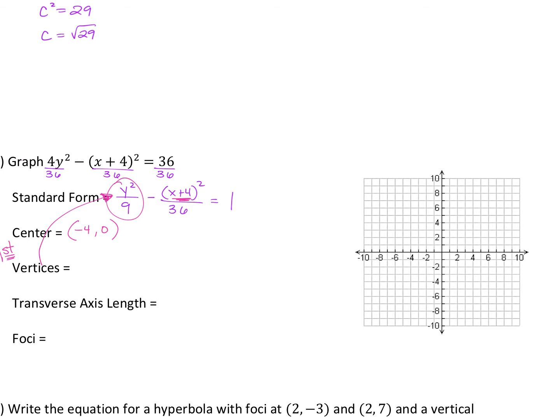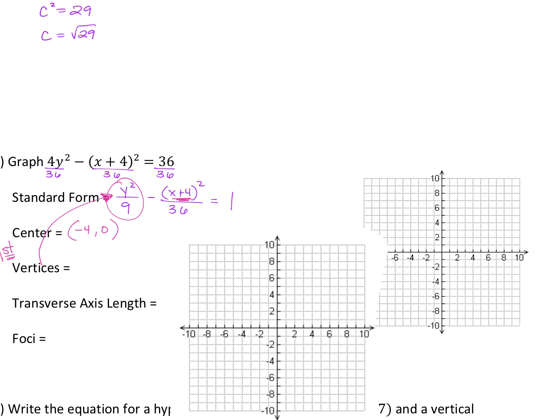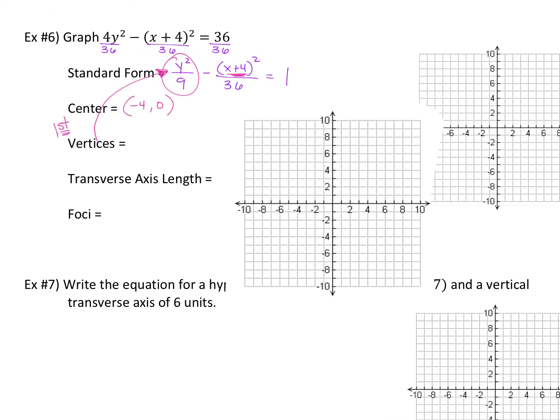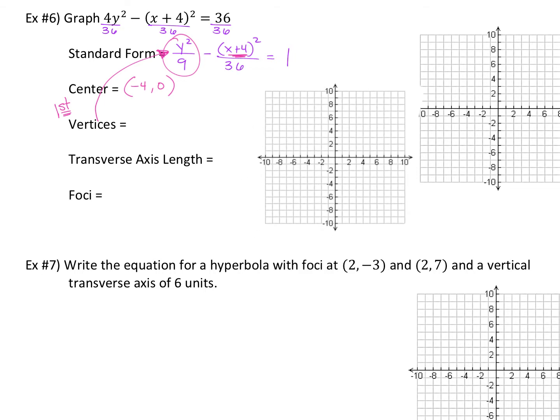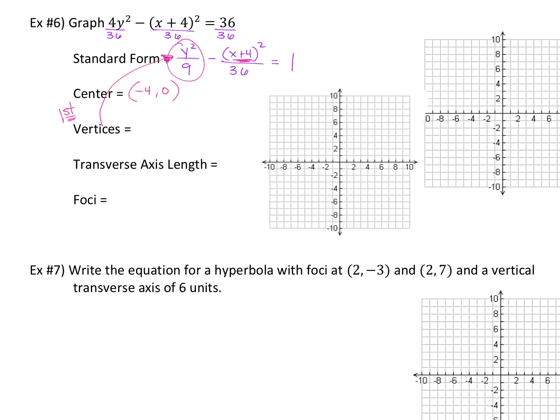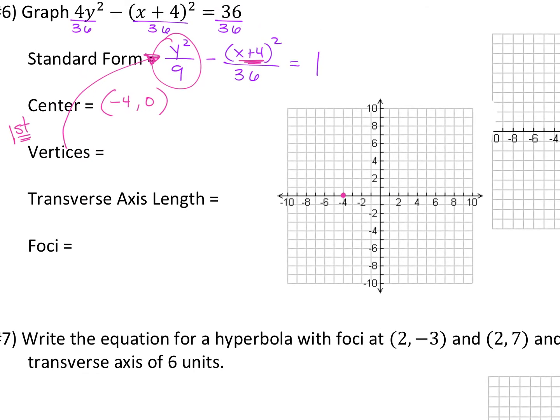I'm going to plot my center, that's negative 4, 0. What's your A value? A is 6, right? That comes from the 36. B is 3, okay? Your vertices come from the 3.